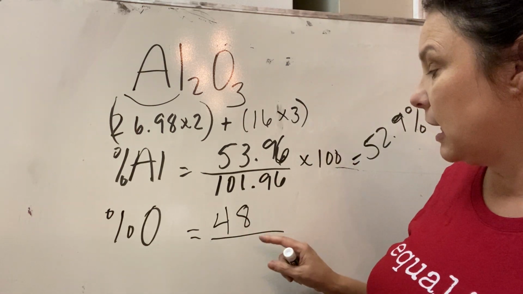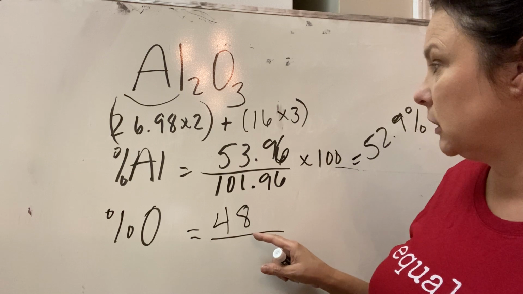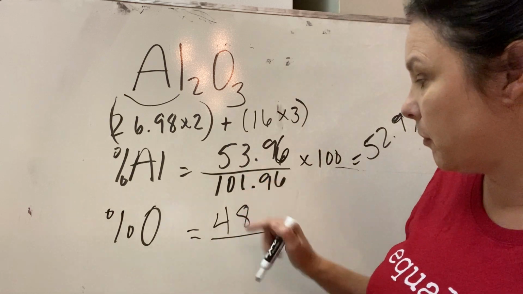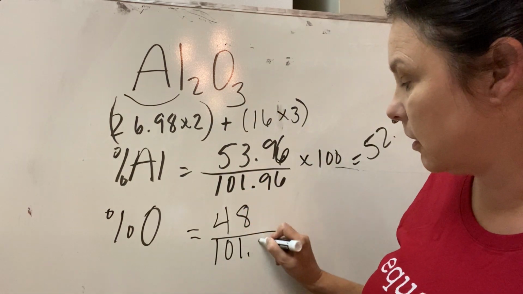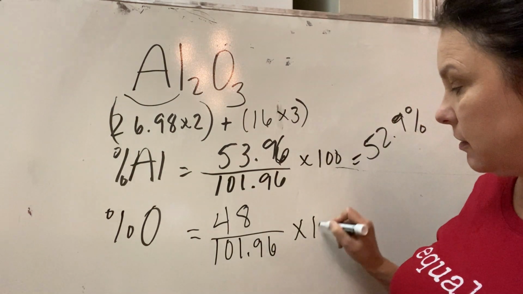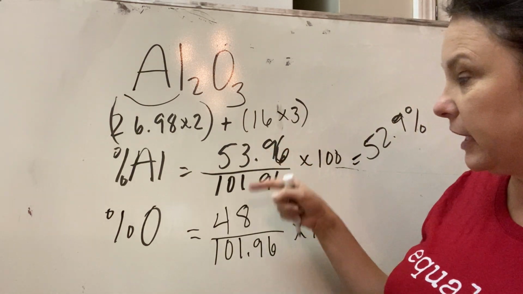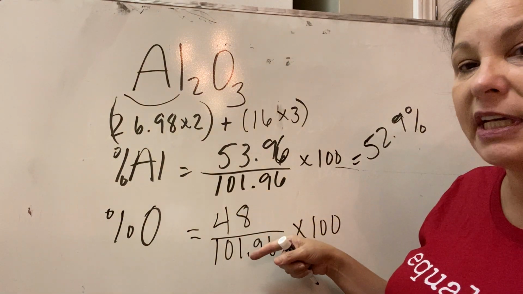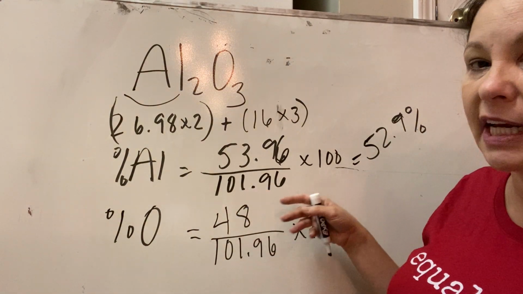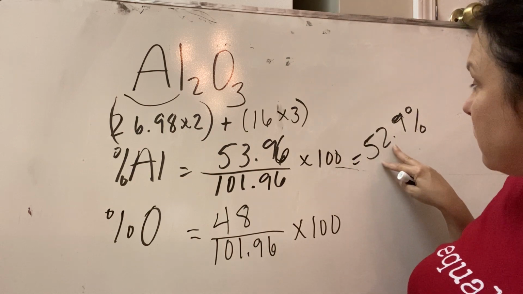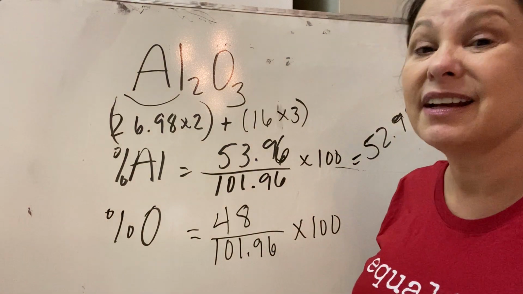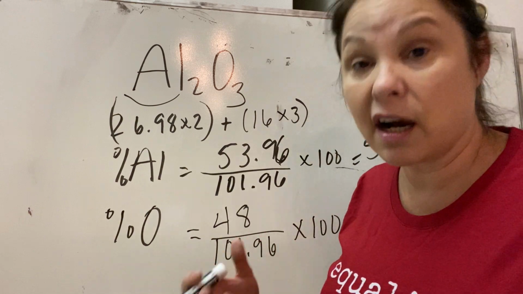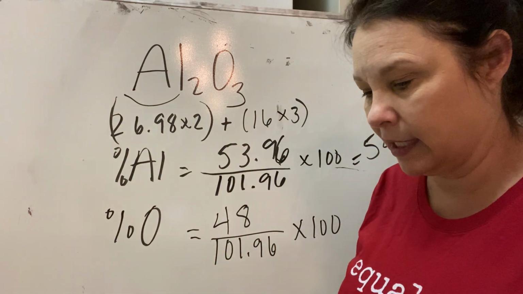And then I'm going to do my total, got lost there a minute. So it's going to be pretty close because as you can see, 53 out of this and 48 out of this are going to be pretty close to the same thing. And we know that if that's 52.9%, then I can expect oxygen to make up the rest of it, right?